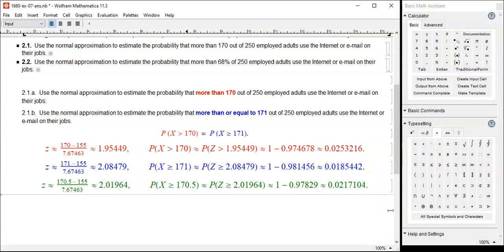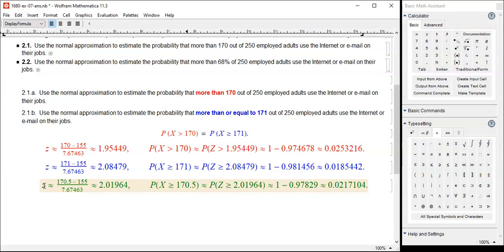And I claim the last one is the best. And you see, using 170, we get this approximation. Using 171, we get this expression, but they have to be the same. And they're equally as valid and equally as wrong. So why don't we settle in between as 170.5? And we get this alternative z-score computation.